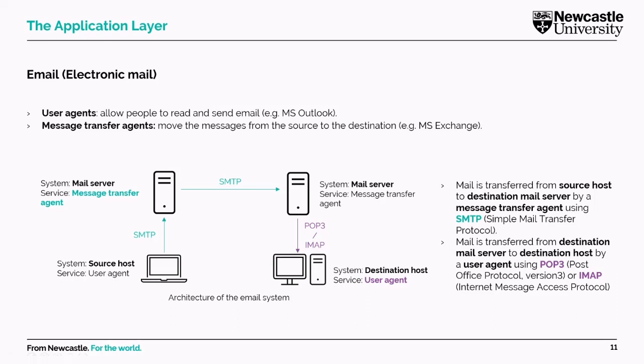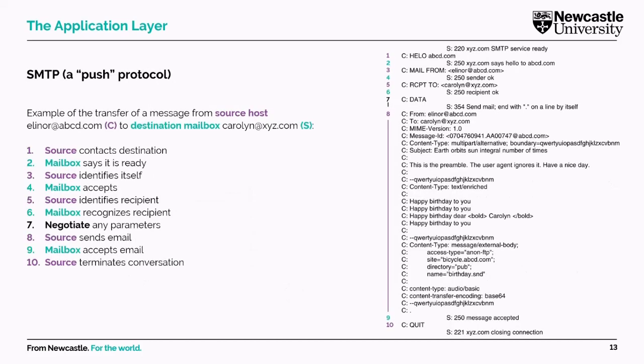As long as you understand that these do not communicate directly but via mail servers, and they use each of these protocols to push and pull information. User agents are processes running on the host machines, and the message transfer agents are processes running on the mail server machines. That's what you need to know.